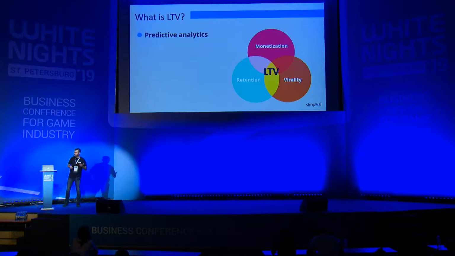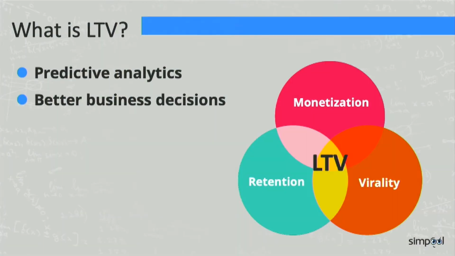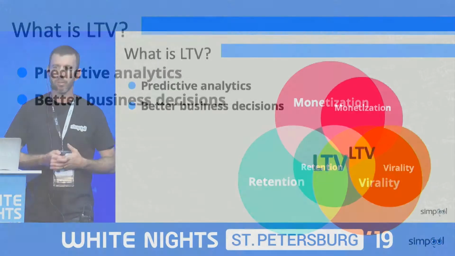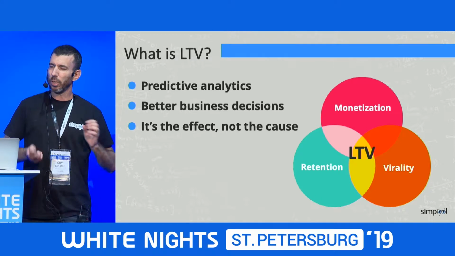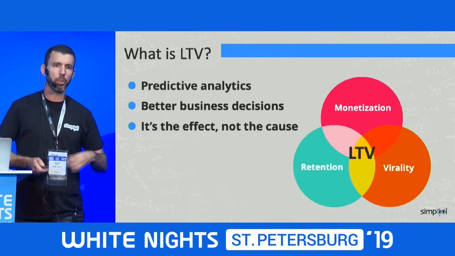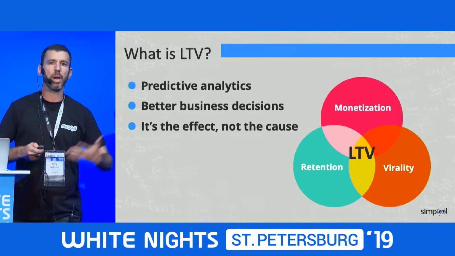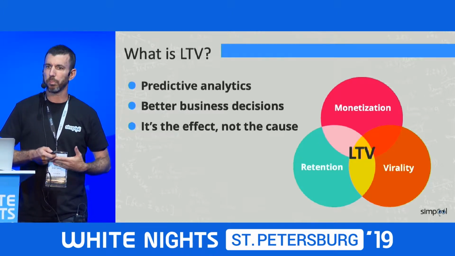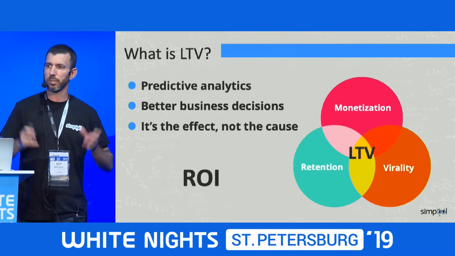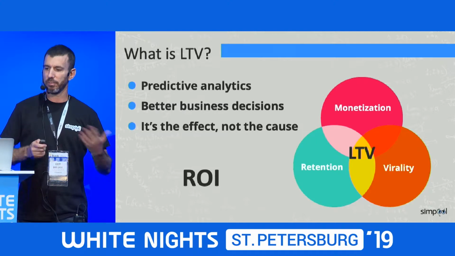So lifetime value is a subset of predictive analytics. It helps us to take better decisions if we know what would be the expected revenue from our users. But most of all, it's an effect. It's not a cause. If we create a good game, we will benefit from good performance, and it all translates to this term ROI, return on investment.